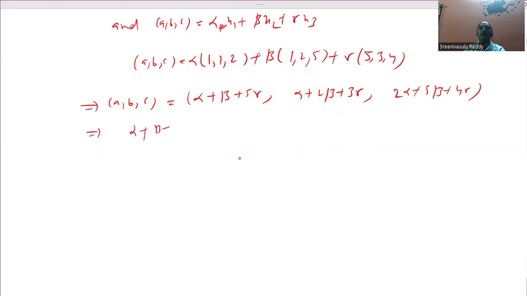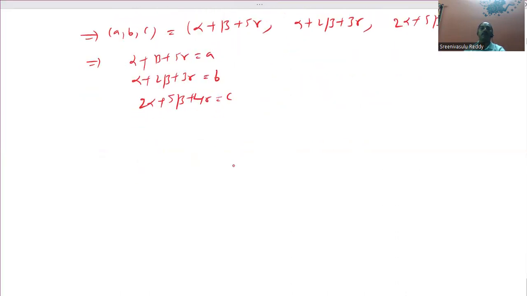Alpha plus beta plus 5 gamma equals A. Alpha plus 2 beta plus 3 gamma equals B. 2 alpha plus 5 beta plus 4 gamma equals C. Now solving these equations, A, B, C are constants.